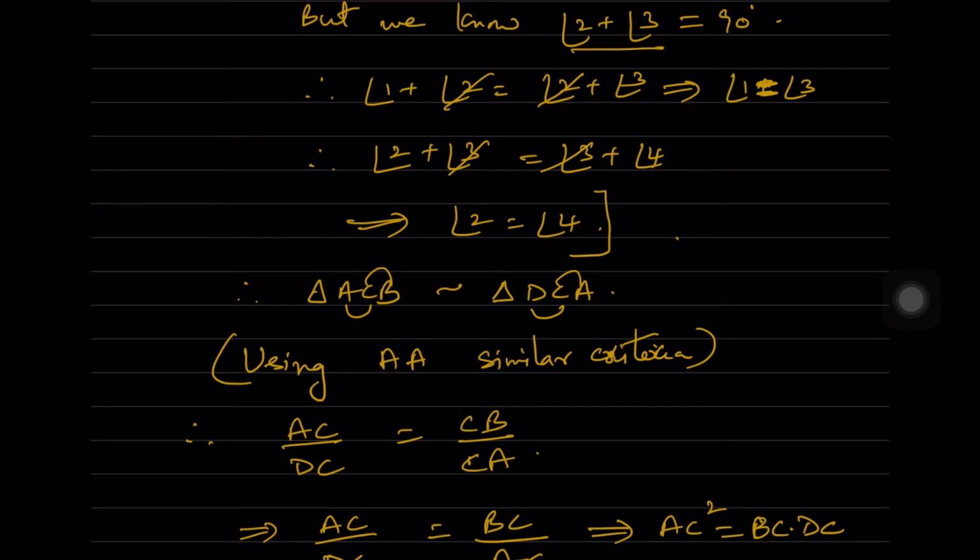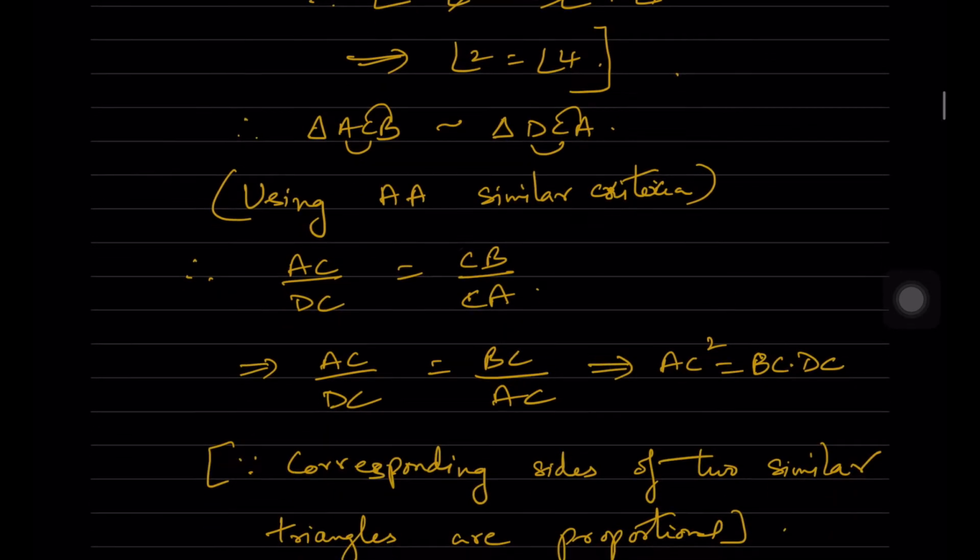Now, since these two triangles are similar using the AA criterion, you can take the corresponding parts. That is, the corresponding sides of two similar triangles are proportional. Therefore, the corresponding sides I am taking are AC by DC, this part and this part, equal to BC by AC, or CB by CA.